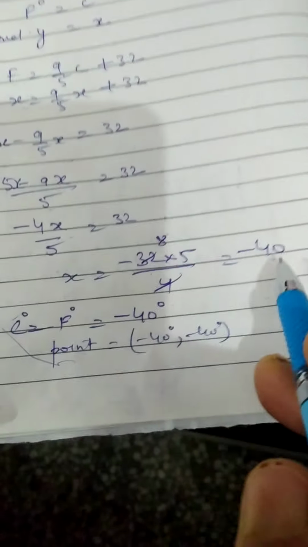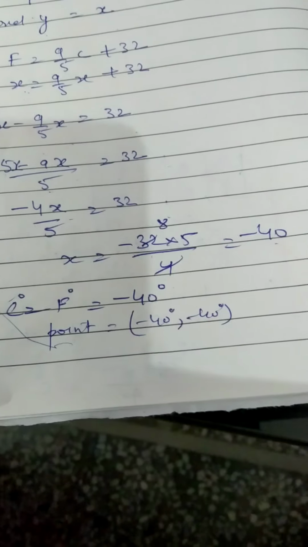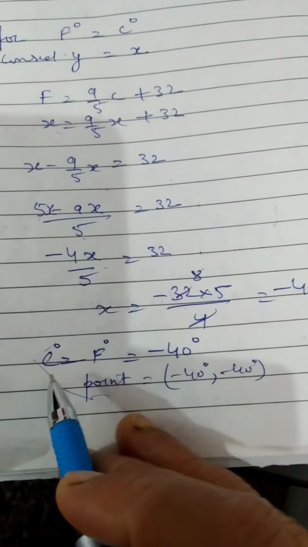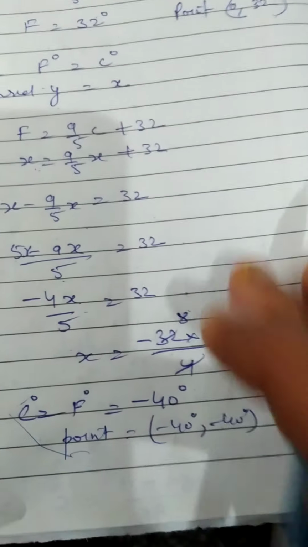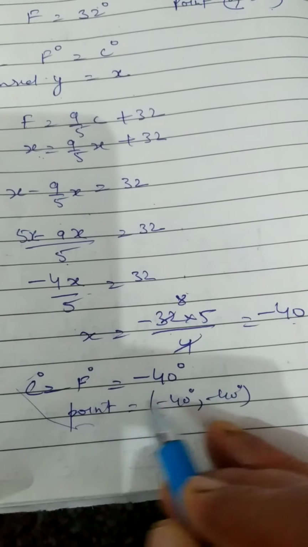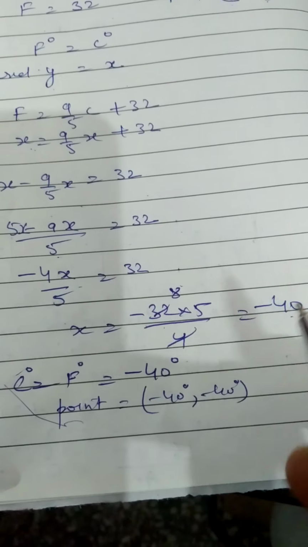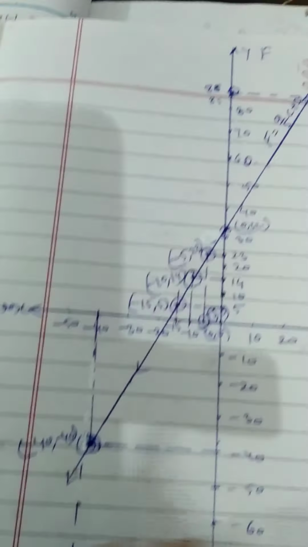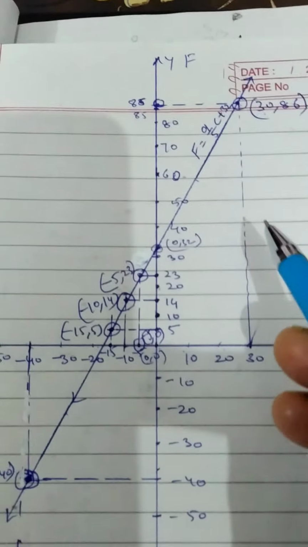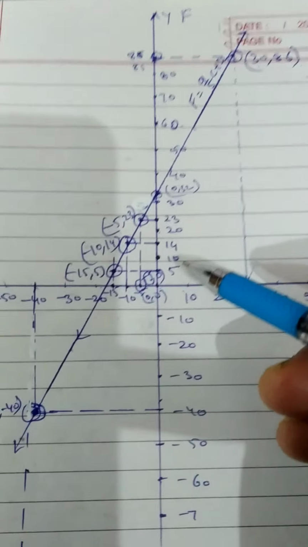It is -40. Means -40 degrees is the temperature where Fahrenheit and Celsius both have the same value. -40 degrees C and -40 degrees F are equal.